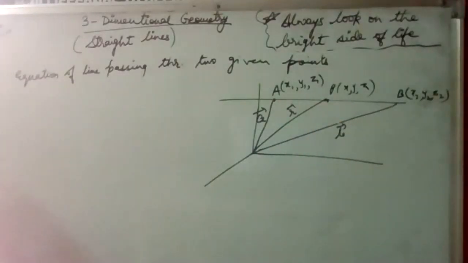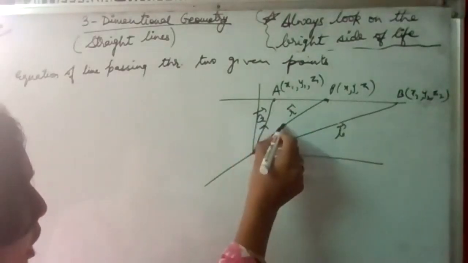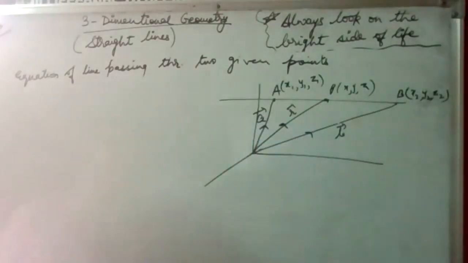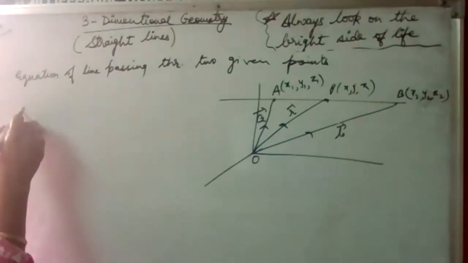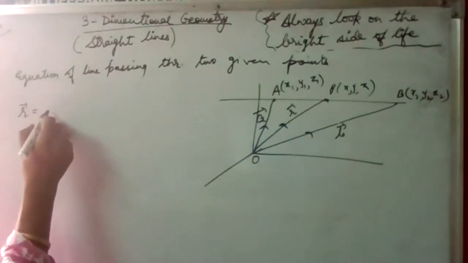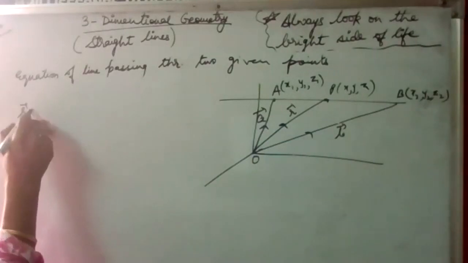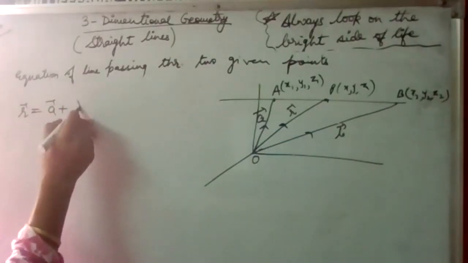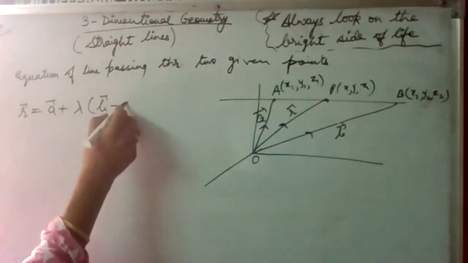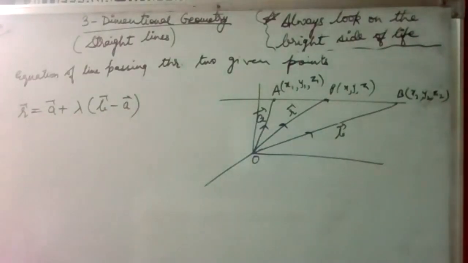Again, applying the triangle law, we get the vector form as r vector equal to a vector plus lambda (b vector minus a vector).